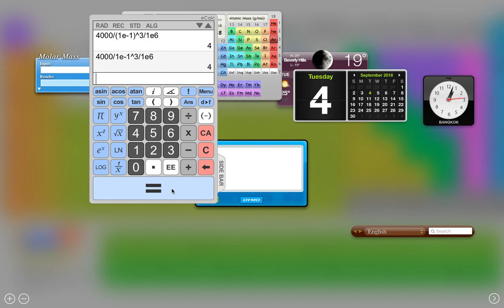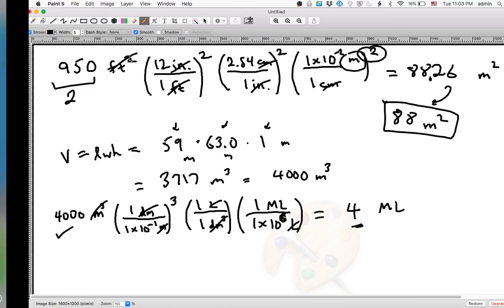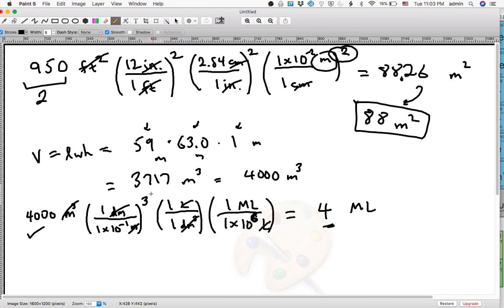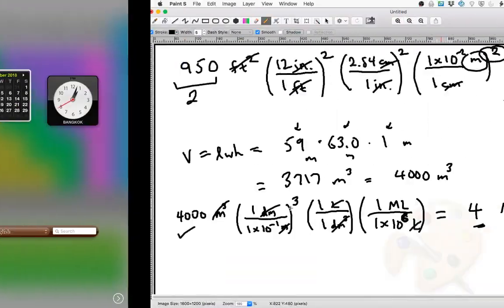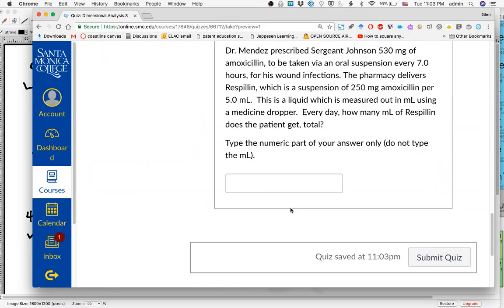When you do scientific notation on most of your calculators, not all, but most, you don't need to use parentheses if you're going to take a number in scientific notation to a power that is not part of the scientific notation, but an actual exponent, like this 3. So anyways, I got 4 megaliters, and so for the answer, I'm going to put a nice little 4 there.